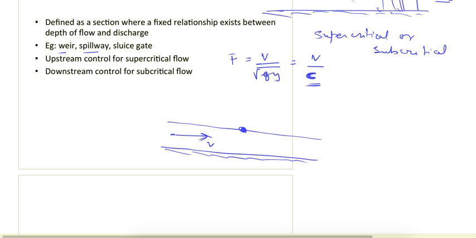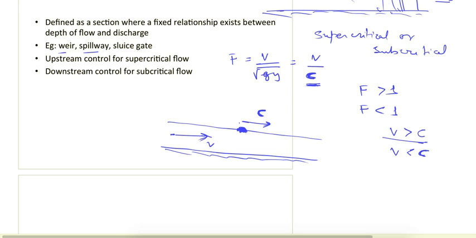So because of that disturbance, that disturbance will propagate in all directions. Now in which direction, we'll see depending upon the speed of that disturbance. Let's say in this direction you are propagating the disturbance at a velocity c. Now there are two cases, when Fr is greater than 1 or Fr is less than 1. It means that v is either greater than c or v is less than c.